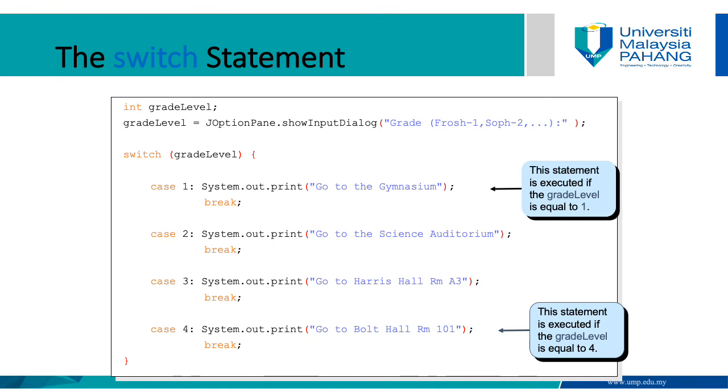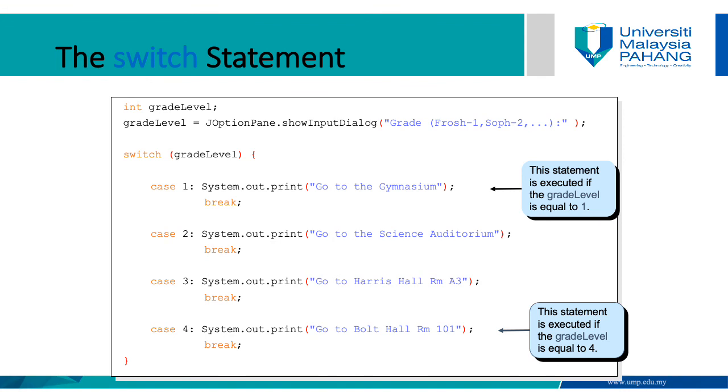That is how the statement is executed if the grade level is equal to 1. And here the statement is executed if the grade level is equal to 4. For the if statement, you put the condition inside the if statement, right? But for the switch statement, you put the condition outside.